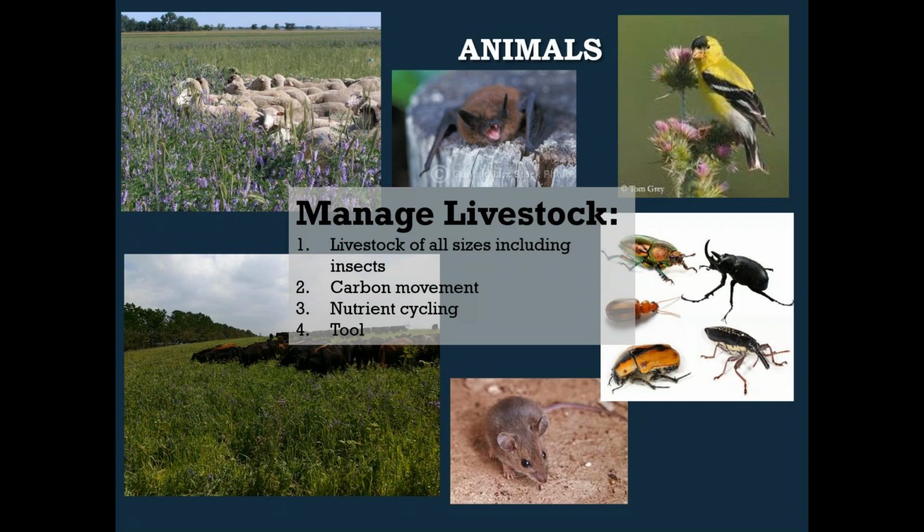So if you're looking at birds and bats and insect populations, the majority of insects are not bad insects. The majority of insects are good insects. They're things that we want to have as part of the system.